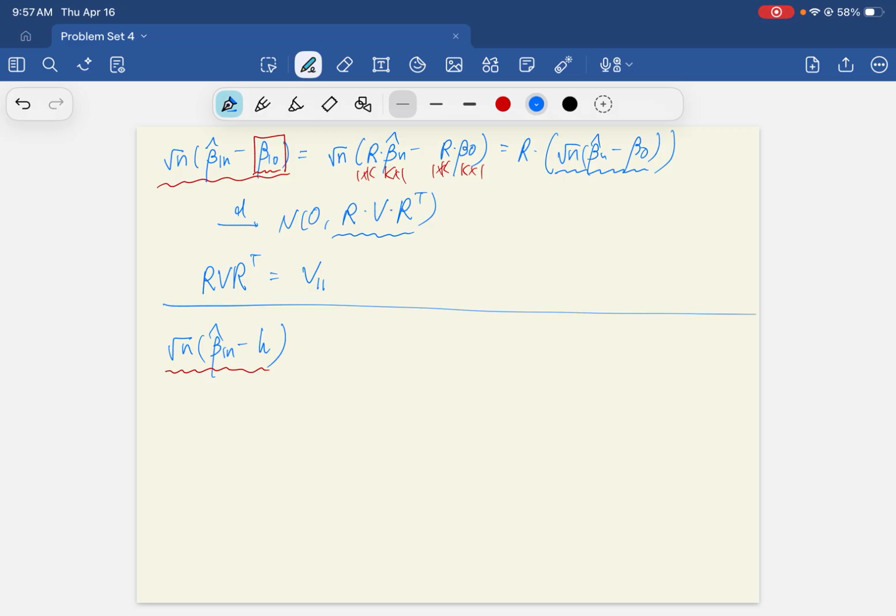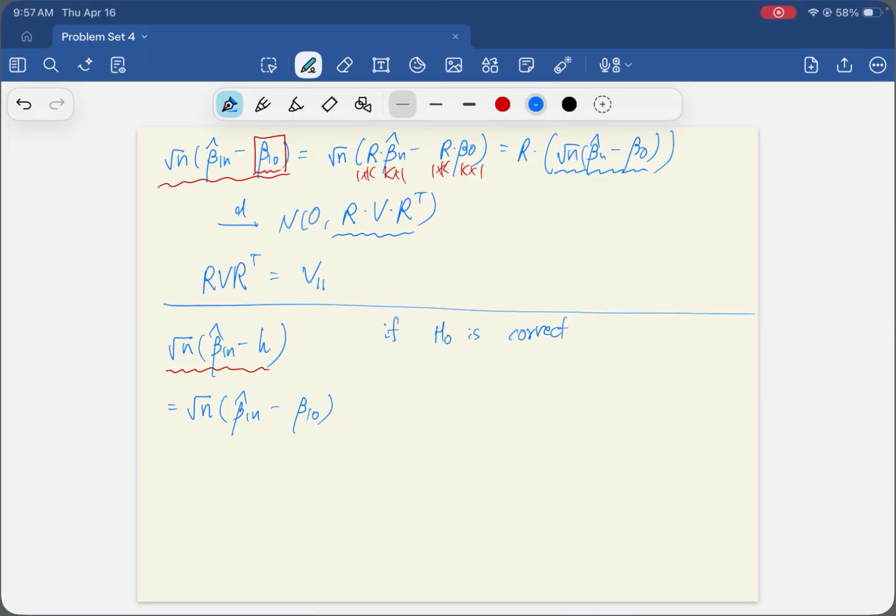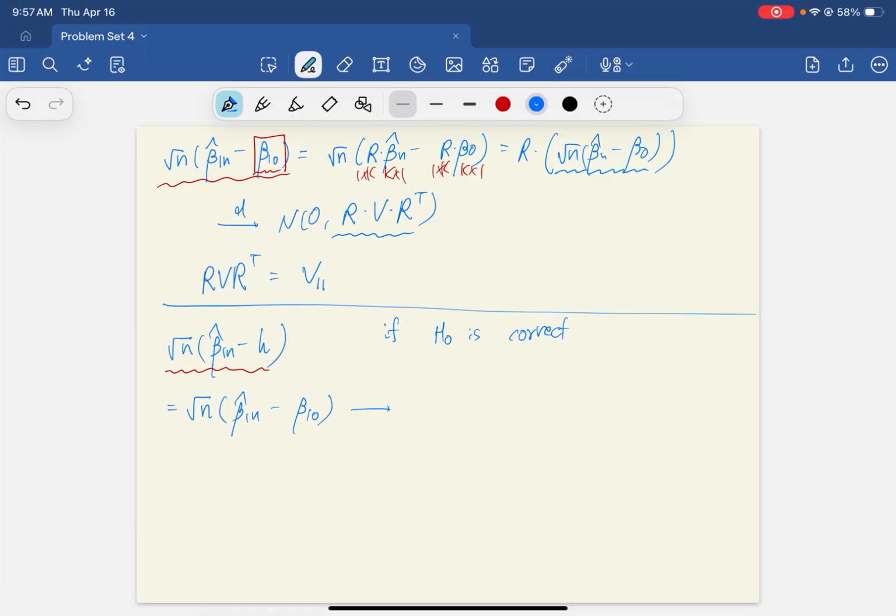So let's see this. I'll first assume H0 is correct. If the null hypothesis is correct, then it equals this, okay? Because the null hypothesis is h equals beta 1 0. So we have the same limit distribution. So this is the null distribution because we assumed the null hypothesis is correct.